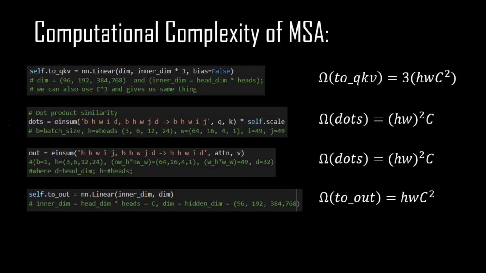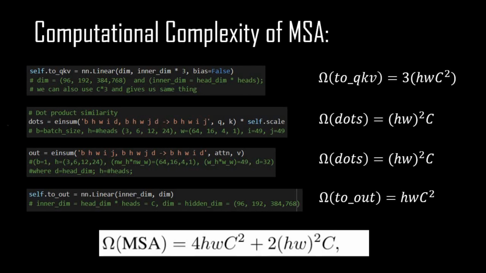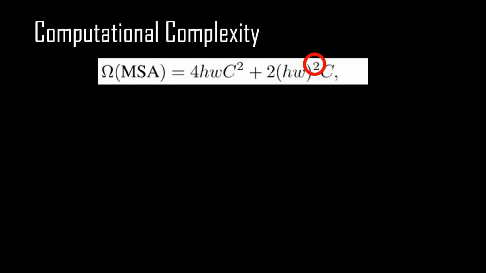And at the end we had this linear layer whose time complexity we just calculated. If we add all of them together, we get this one. So this is the time complexity of one MSA for doing all of these things. The important point here is that this time complexity with respect to HW is quadratic. This is the time complexity of MSA.